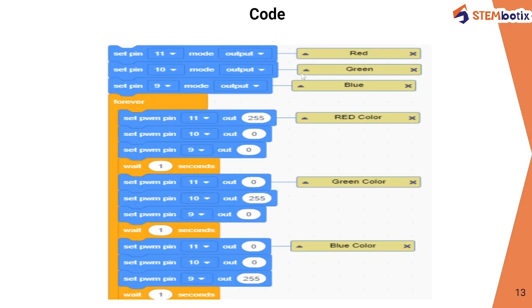For the red color, the pin is connected to number 11 of the microcontroller. For green, we connect PWM pin number 10, and lastly, number 9, which is also a PWM pin, is connected to the blue color. All these LEDs are basically output devices for the microcontroller board.